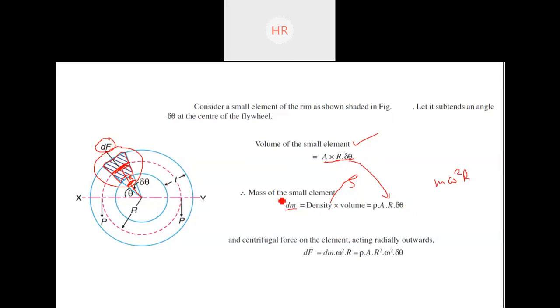Here we have considered the mass of this small element only, that is why we have written dm. So dm into omega square into R. Now substitute the value of dm: we get rho A R square omega square into delta theta. This much amount of centrifugal force is acting on this small element. This is acting only on this small element right now.